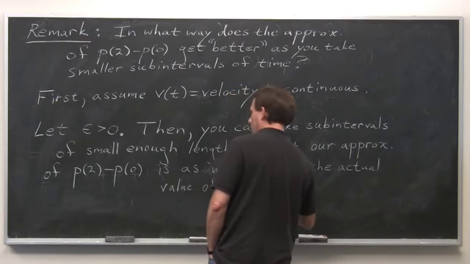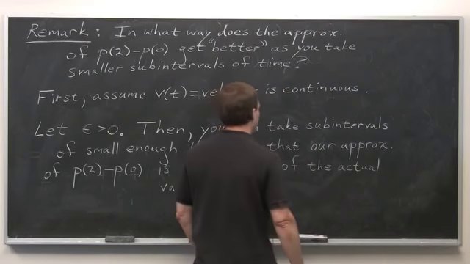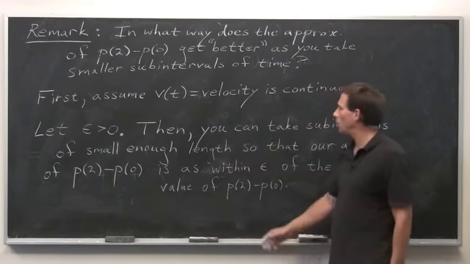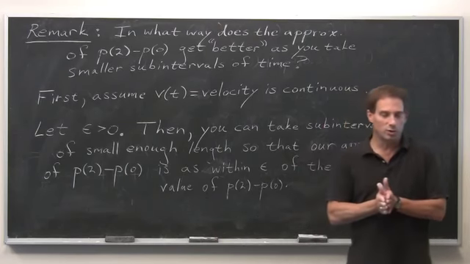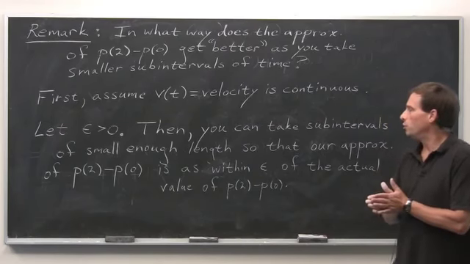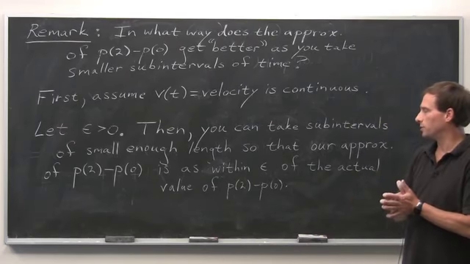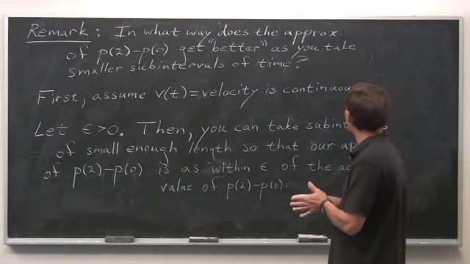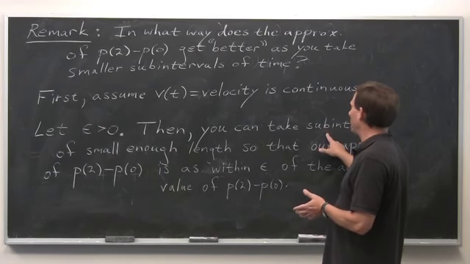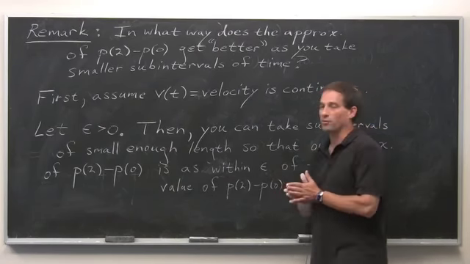All right. What do I mean? I mean, if someone tells you how close they want your approximation of the displacement to be to the actual value of the displacement, it is possible to take small enough subintervals. What does that mean?